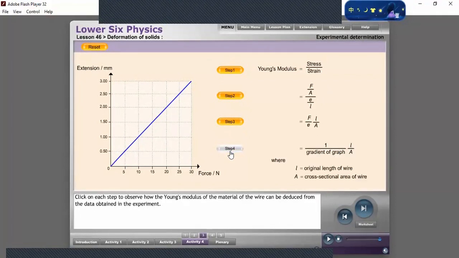So Young's modulus, from the extension against force graph, will be equal to 1 over gradient, that is 1 over k, times L over A.